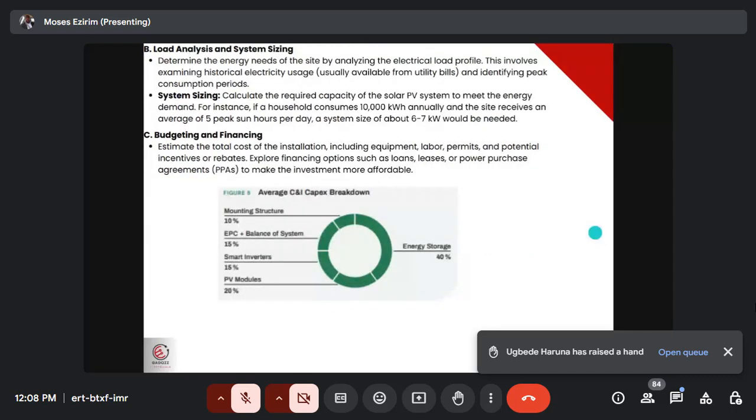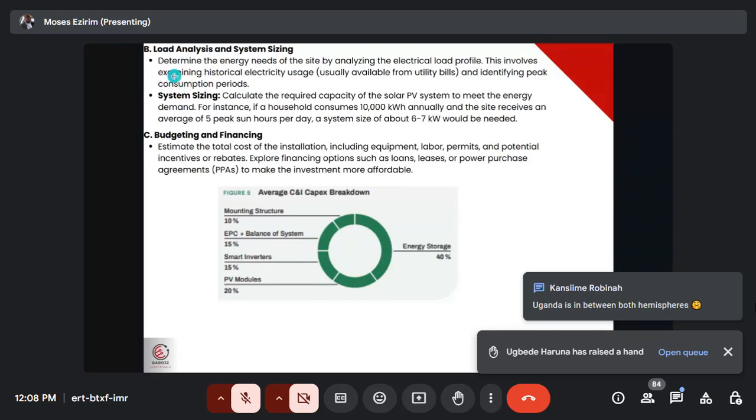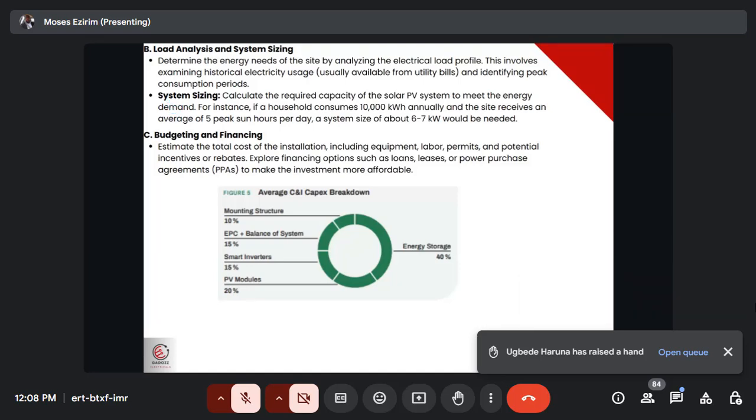Now, your C&I solar PV is not complete if you're not doing load audits. You don't assume that the client should be using 5 kilo. No, you don't assume. In fact, you don't go to the client's facility and start writing.